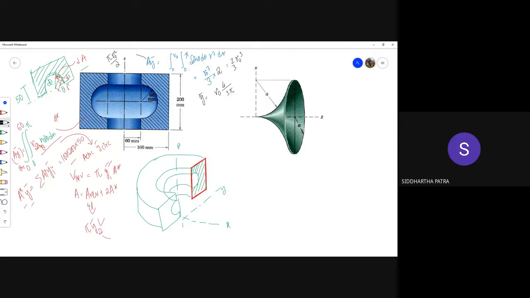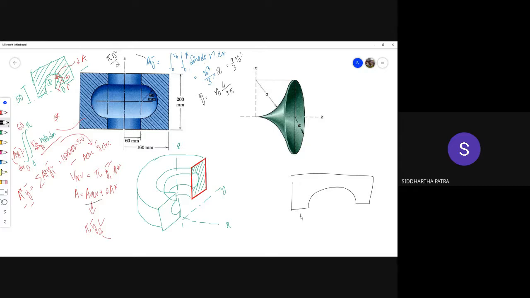Now try the area of revolution. To get the area of revolution, you need the centroid of all the boundaries. So you need to split the boundary into different line segments.